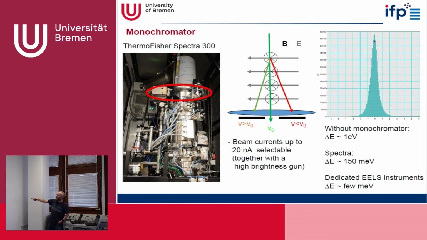Typically this is around 1 electron volt for a typical setup, but sometimes you want a smaller energy width, because this energy distribution will lead to aberrations in the machine, called chromatic aberrations. So you want to reduce these chromatic aberrations, and you can do this by, for example, reducing this energy width. In our machine we can reduce it to about 150 milli-electron volts.